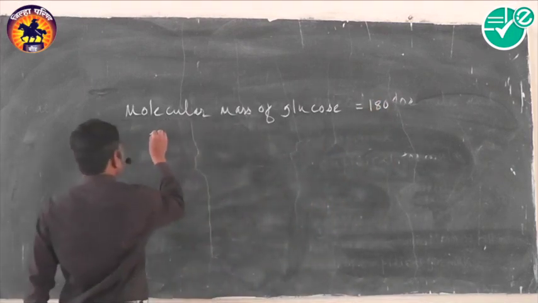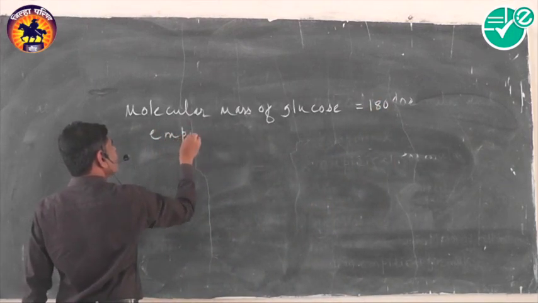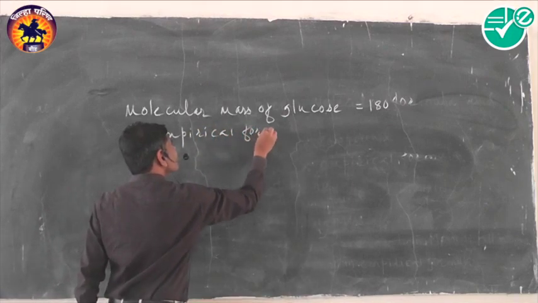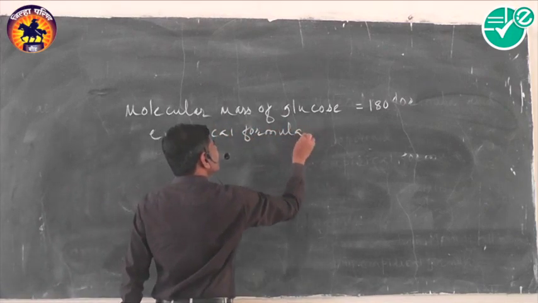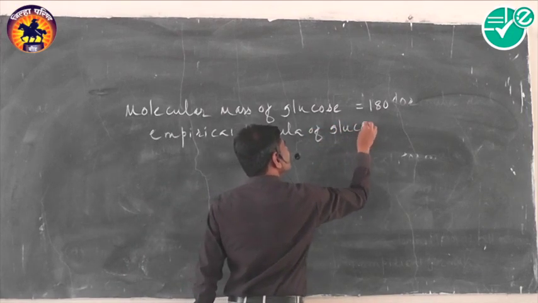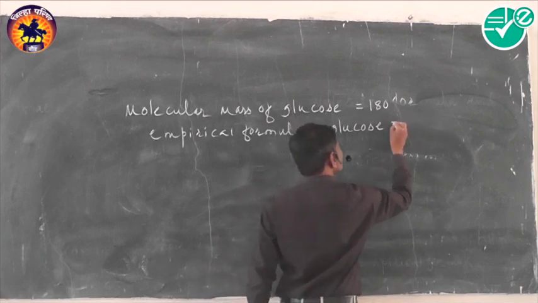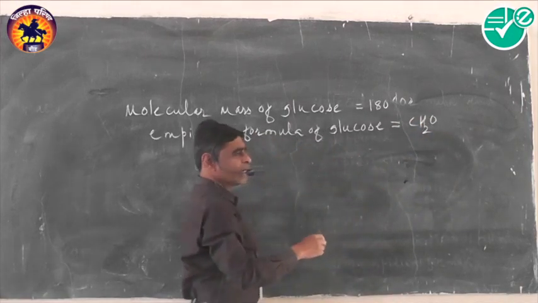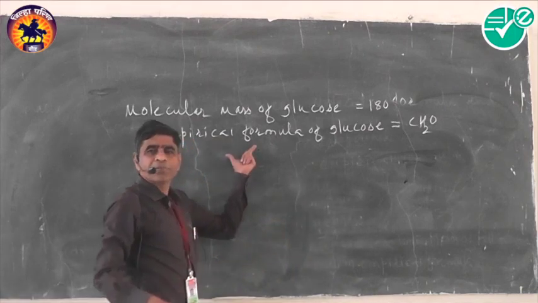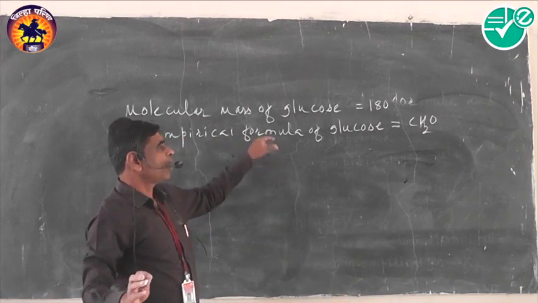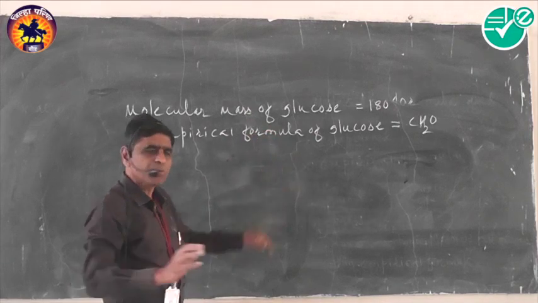Now the empirical formula of glucose is CH2O. Now already we know that the empirical formula shows the smallest ratio of different atoms present in the molecule.